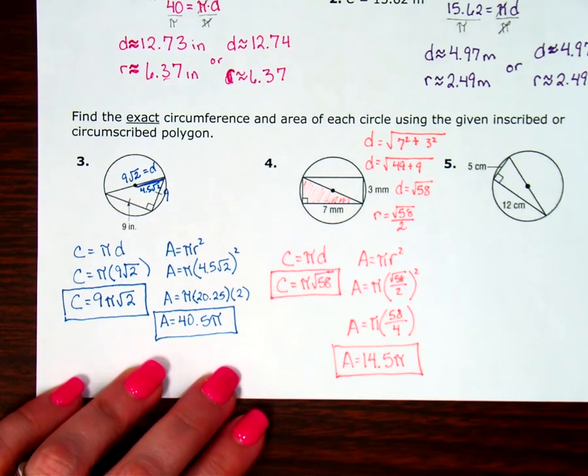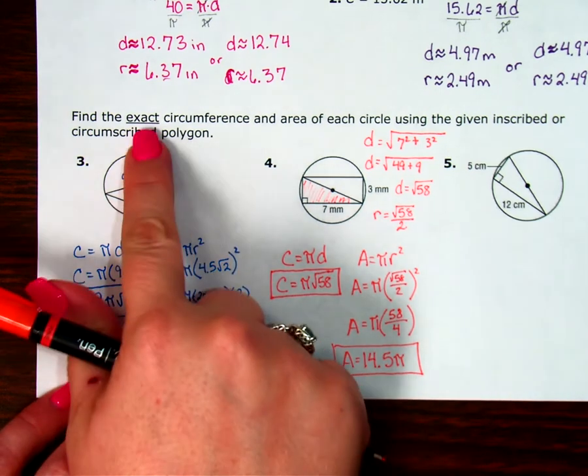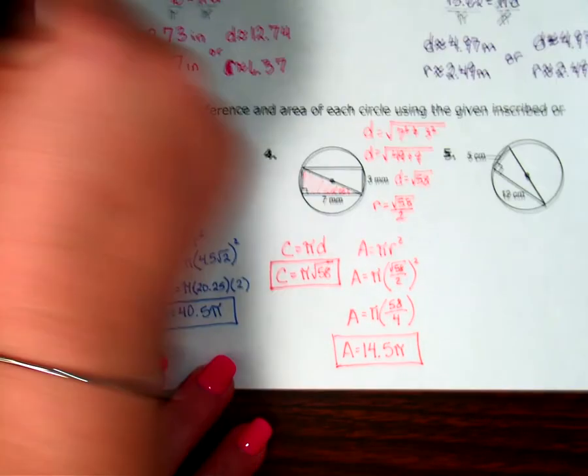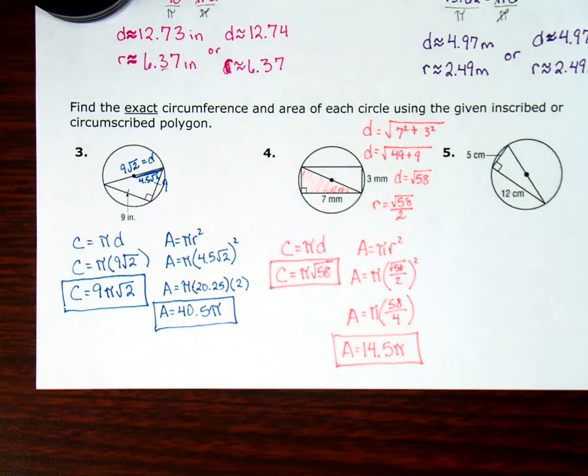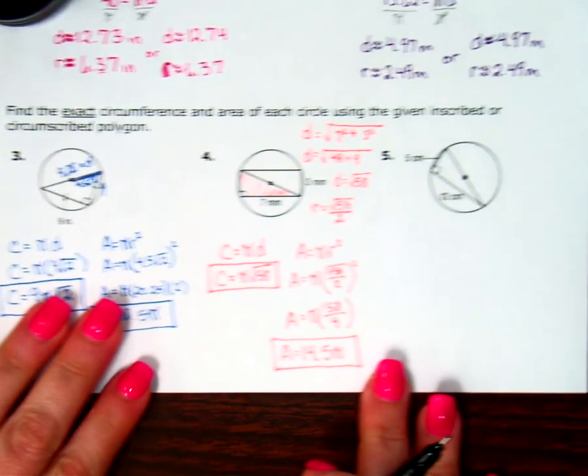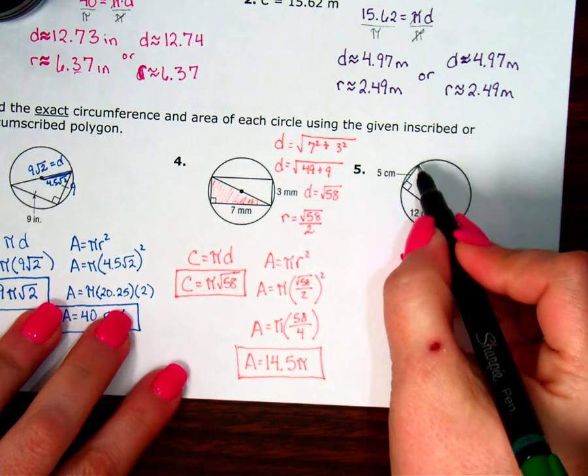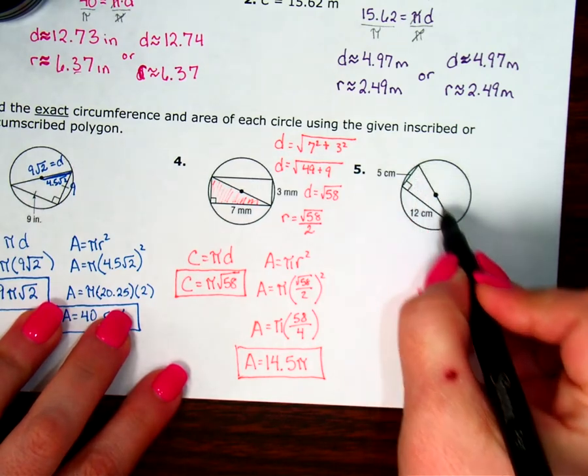If I put the pi in the calculator and then I have to round, it's no longer exact. Okay? All right, one more. On this last one, again, I'm going to have to use the Pythagorean theorem to find my diameter because they've given me the 2 legs of a right triangle and my diameter is the hypotenuse.